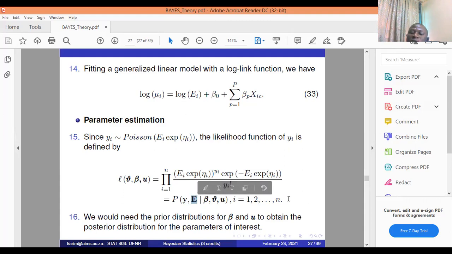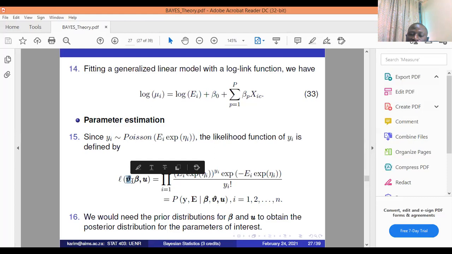and then we formulate our likelihood function. So you can see in this, we need to know the distribution of the risks, that is the prior distribution for the relative risk. We need to know the prior distribution for the parameters beta. We need to know the prior distribution for the residual term here.